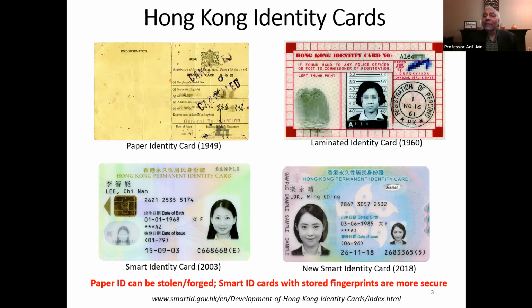It makes life convenient. This is not only for security. You can go through the e-channels at the airport. You can get your benefits and many other things which make life easier. You can do electronic transactions and so on. Next slide, please.